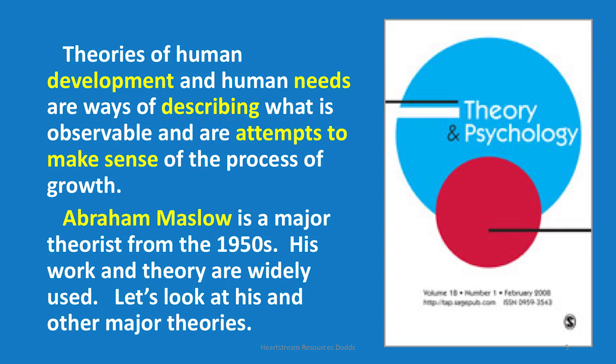So I want to give you one example of his work and show how it can help us. He became widely known in the 50s and 60s because his psychology was different. It was based on human development, his observation of human needs. And his theory, as every other theory, describes what's observable and is an attempt to make sense of it. Now, you and I as humans, we always want to make sense.